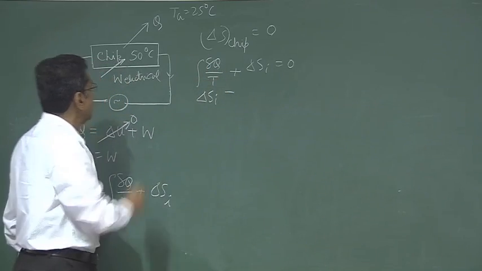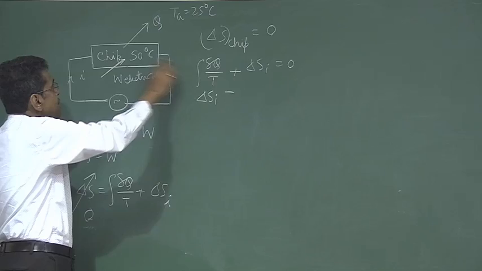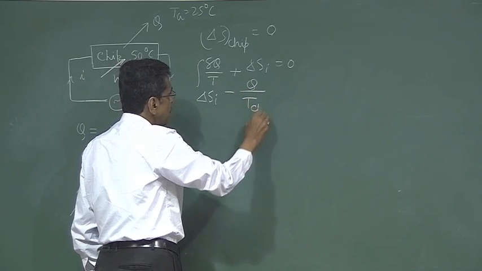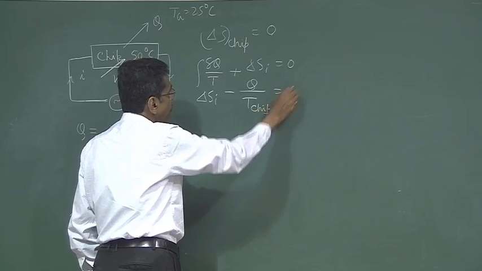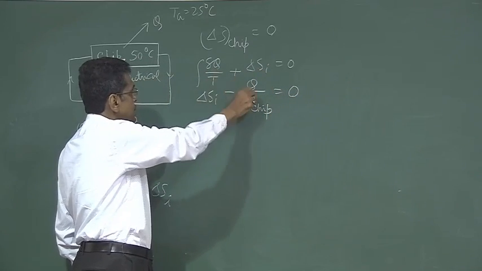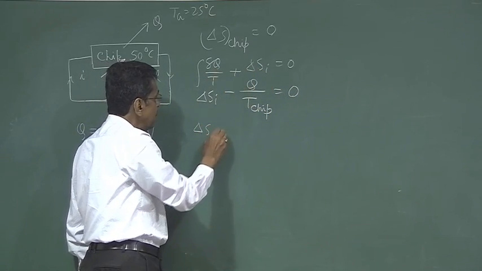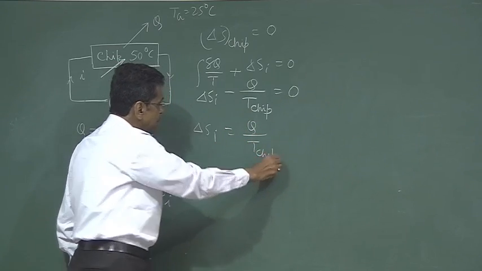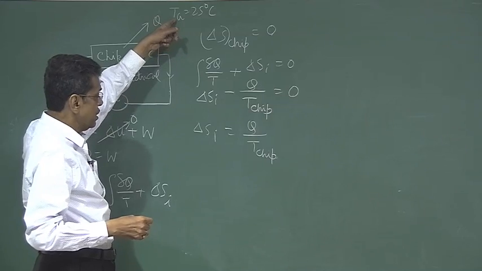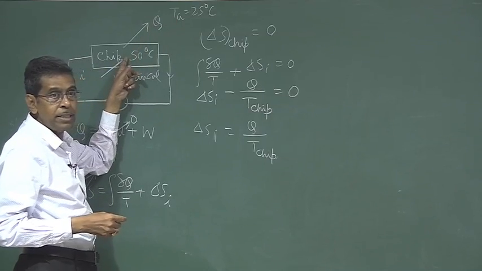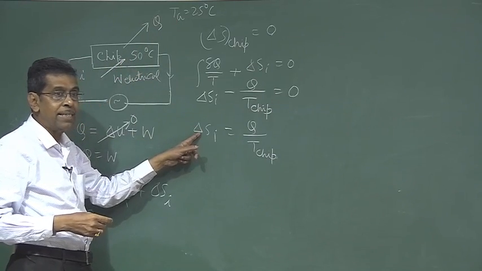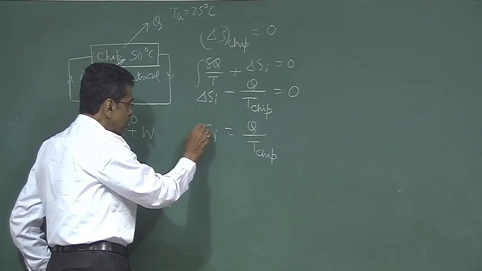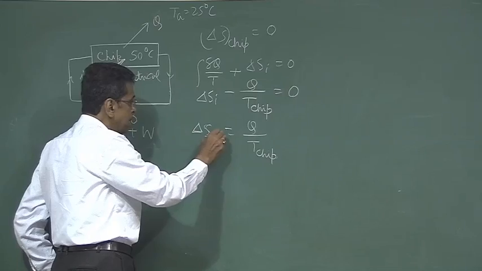Delta Q by T is negative since it is going out, and since T is constant, it is Q by T chip. So delta S_I is Q by T chip. That means Q, which is going out to the surrounding, divided by the chip temperature, gives you the delta S_I. That means this is the entropy generated due to internal irreversibility within the chip.